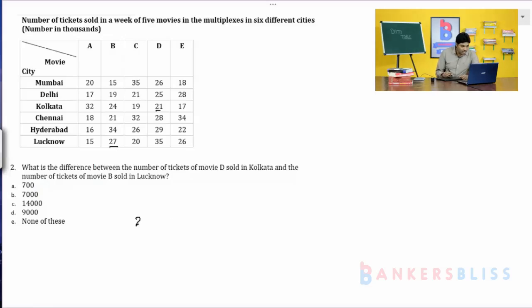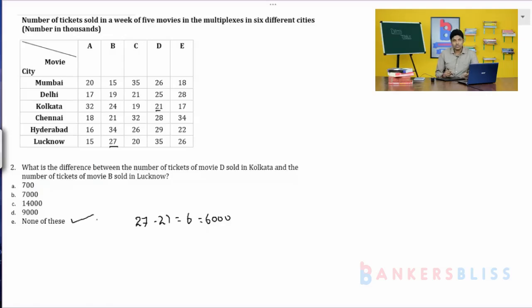So 27 minus 21 is equal to 6, and since all the values are in thousands, the answer is 6,000. So option E is the answer.